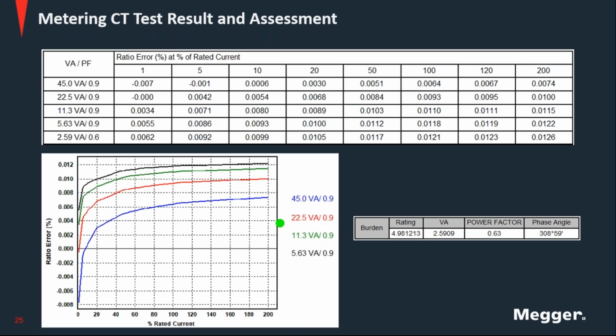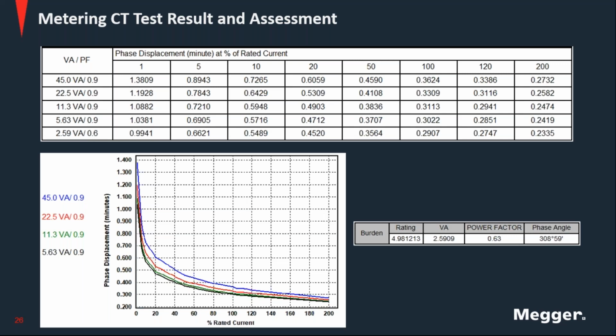This blue curve is at 45 VA, and you have from 1% of rated current up to 200% of rated current. It's not totally linear, but you can see that it shows a linear behavior, and especially in the areas where the instrument transformer needs to perform better, it has more linearity. So this is the part of the ratio error.